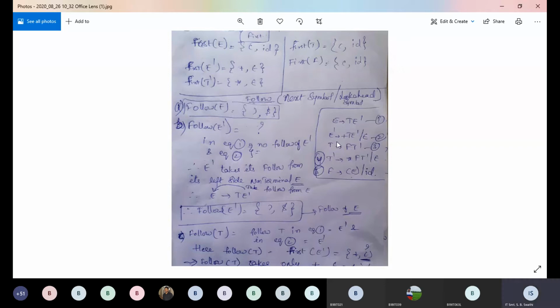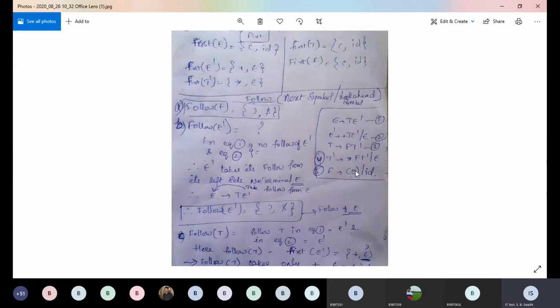Okay, so here we have the production rules. These are the 5 different production rules which are given to us. We'll first try to calculate first and follow. How do we calculate the first and follow? That means what we are doing is we are simplifying the given expressions.